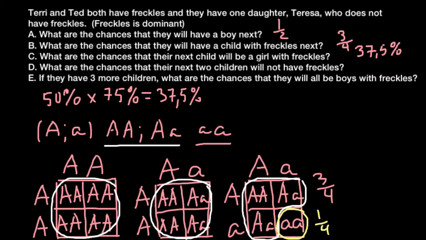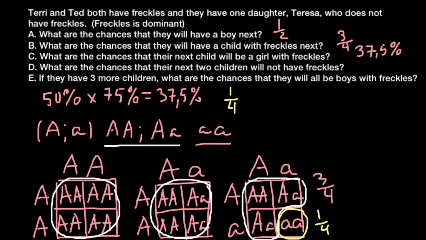Next question D. What are the chances that the next two children will not have freckles? This is also very easy to find. The next child has a probability of 1/4 not to have freckles, so this is going to be 1/4.